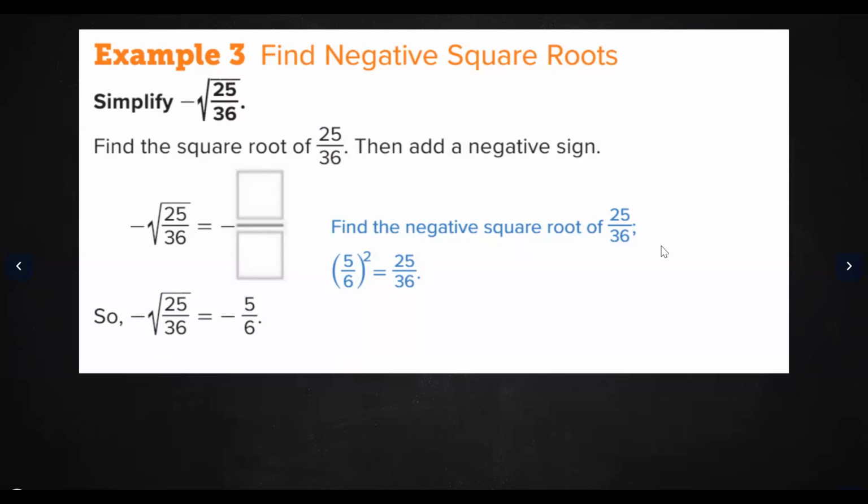We need to find the square root of 25, which is 5, and the square root of 36, which is 6. So the negative square root of 25 over 36 is equal to negative 5/6. Okay, we only do the square root of both numbers. It's pretty simple. Let's continue.